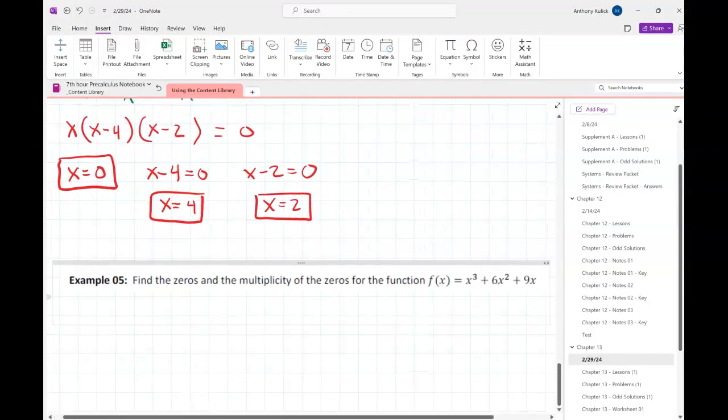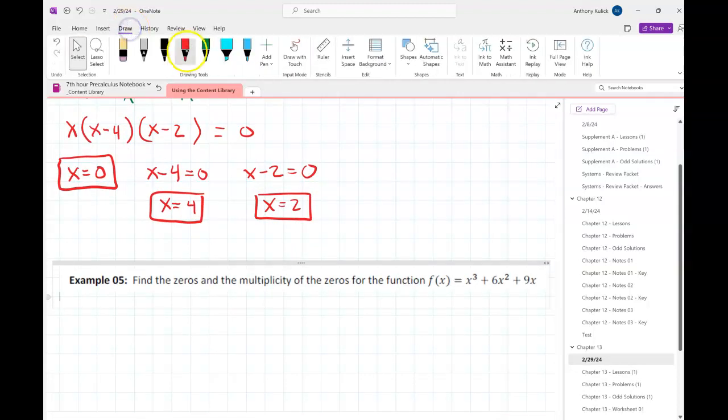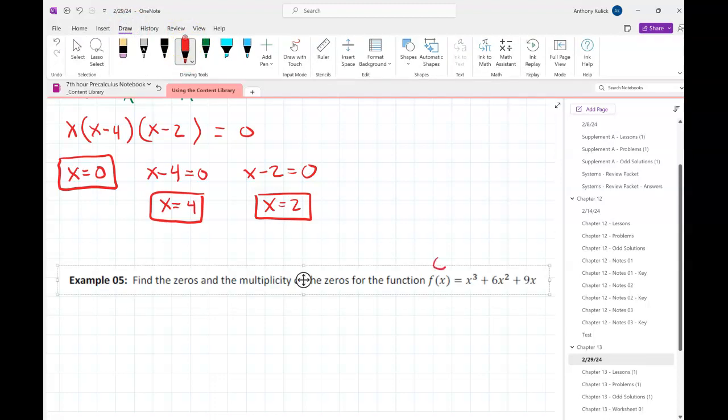So this one we have f of x is equal to x cubed plus 6x squared plus 9x. Again, we're looking for 0, so the f of x is just going to be 0.